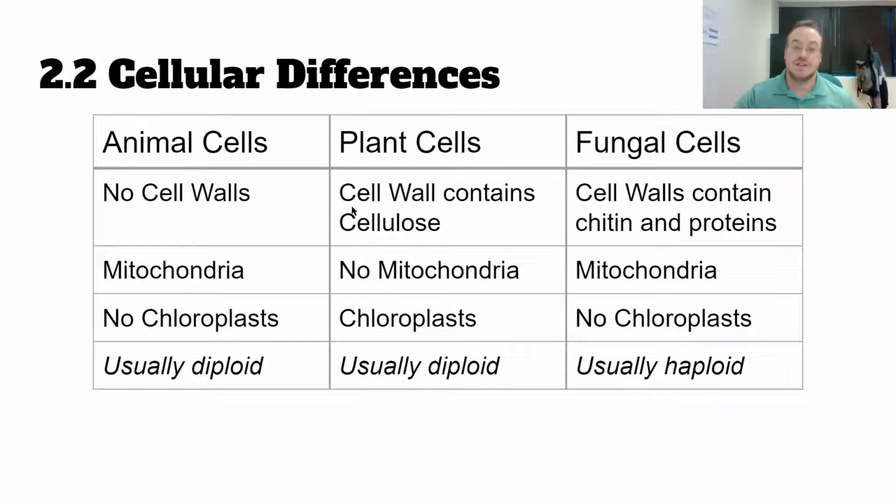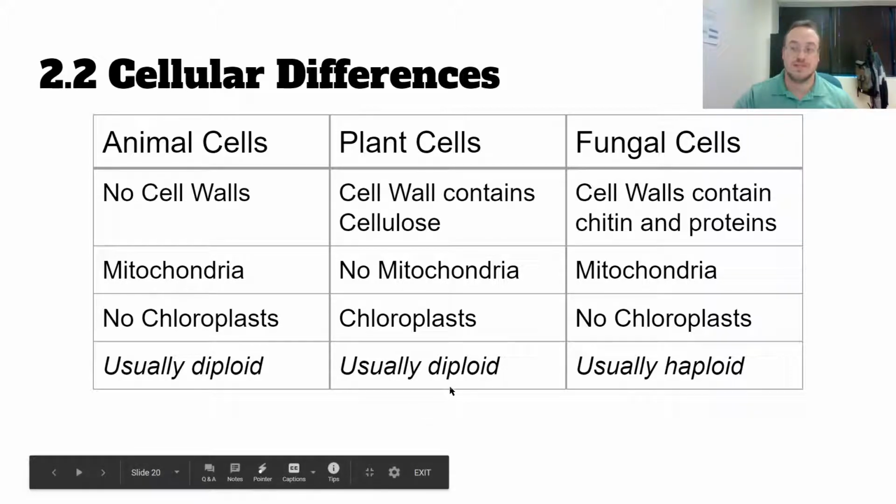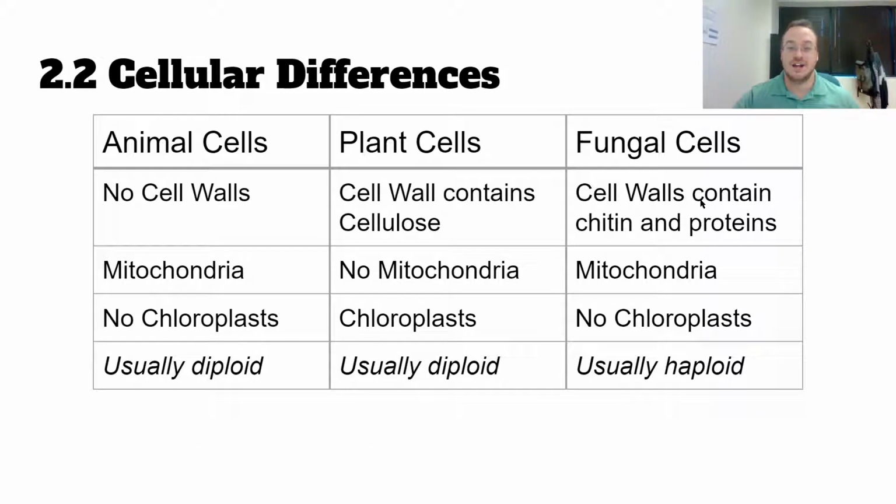Plant cells have a cell wall that contains cellulose. They usually don't have mitochondria. They do have chloroplasts, and again, they are usually diploid, two pairs of chromosomes. Fungal cells, so that's fungi, mushrooms, lichen, that kind of stuff. They have cell walls, but they have chitin and proteins in their cell walls instead of cellulose.